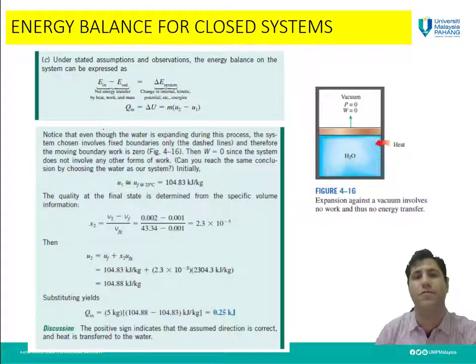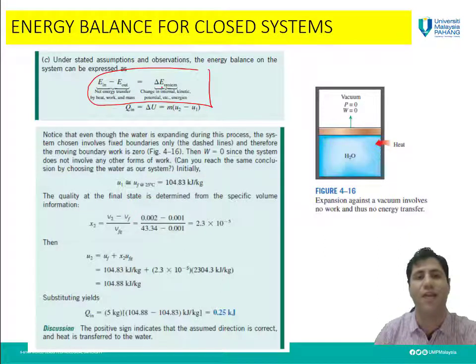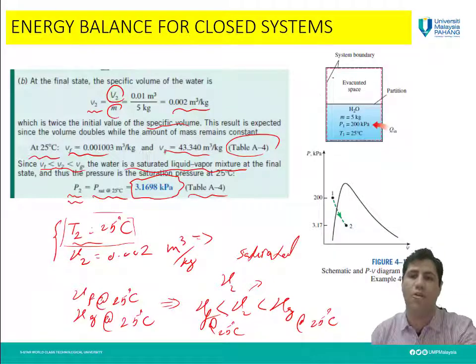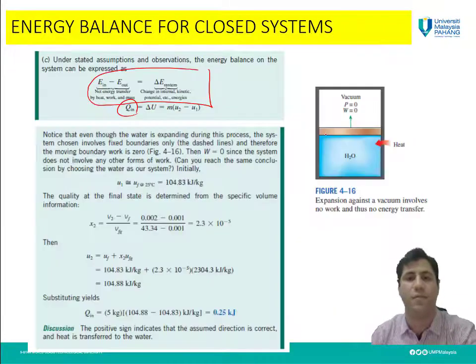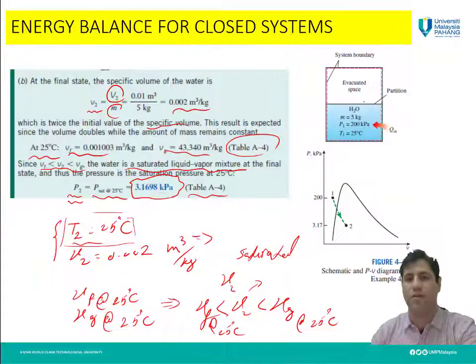And to do this, we need to use that energy balance equation, E in minus E out equal to delta E of the system. Which here is Q in equal to delta U. In other words, according to what we have selected here, we do not have any work in our system.